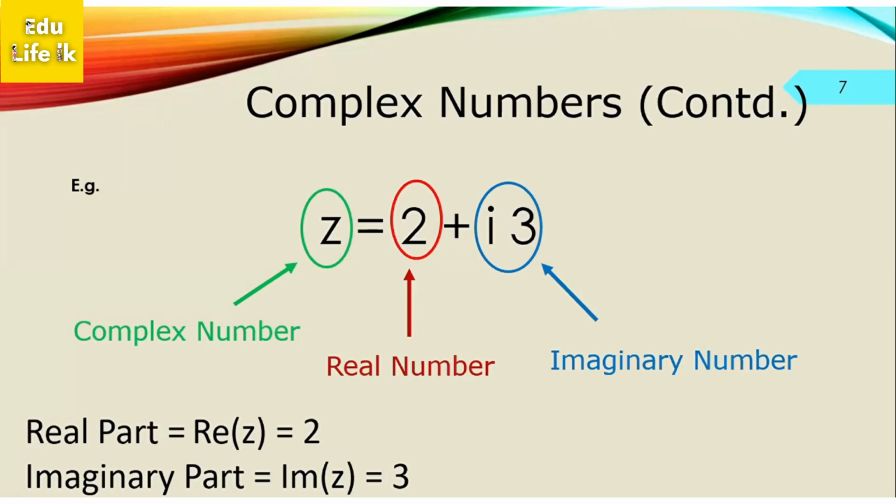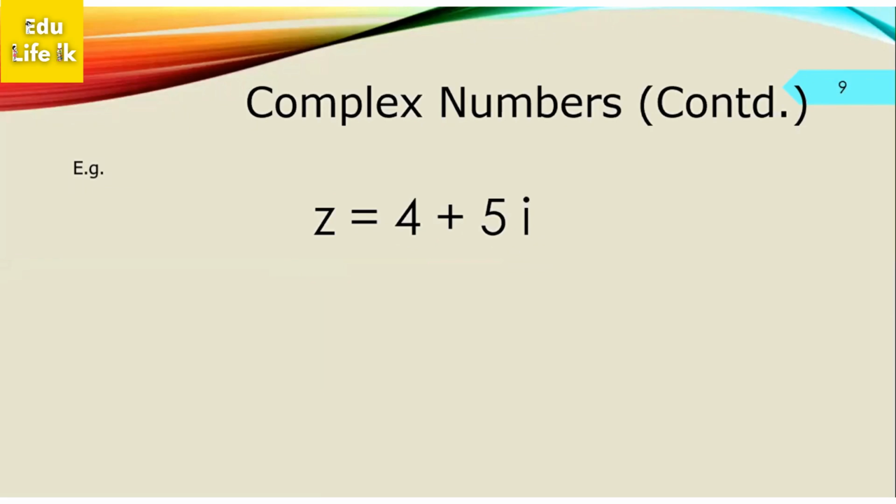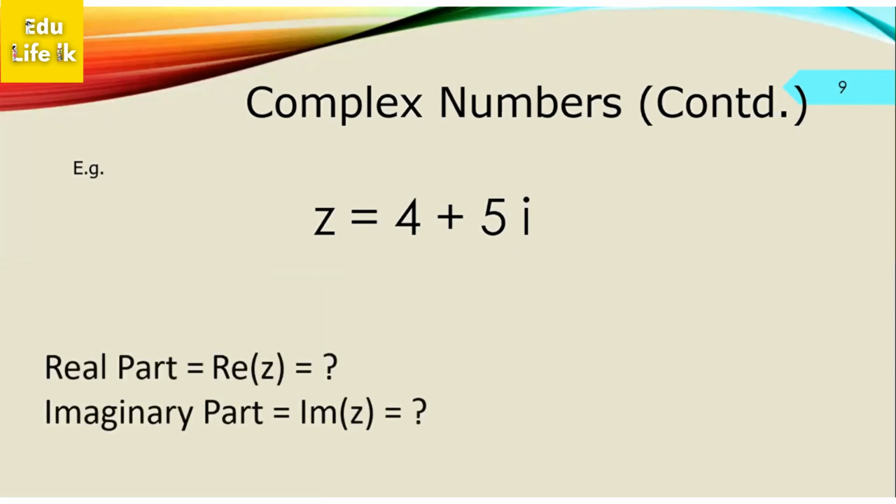Now compare this example with this one and tell me what is the real part of z and imaginary part of z. Okay, first tell me what is the real part of z. Someone?